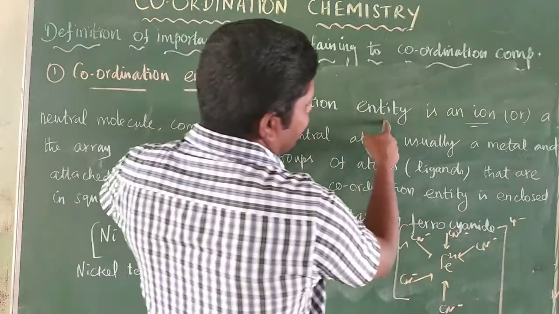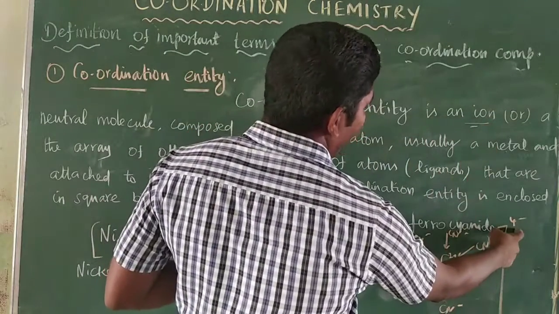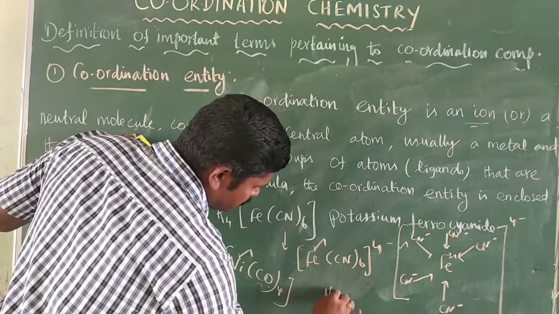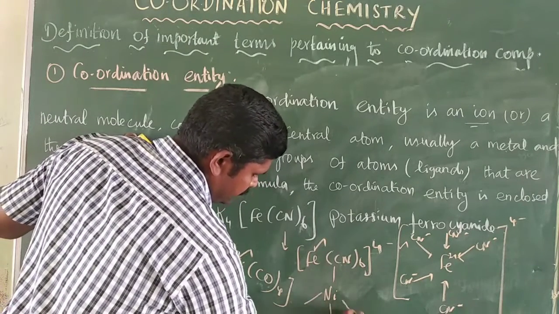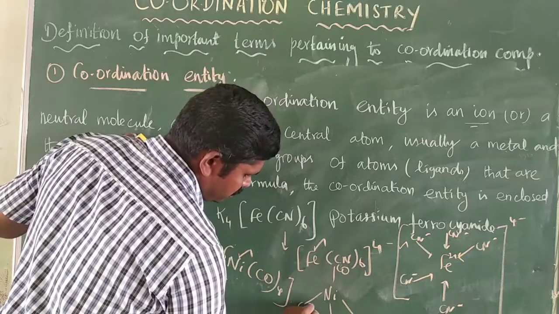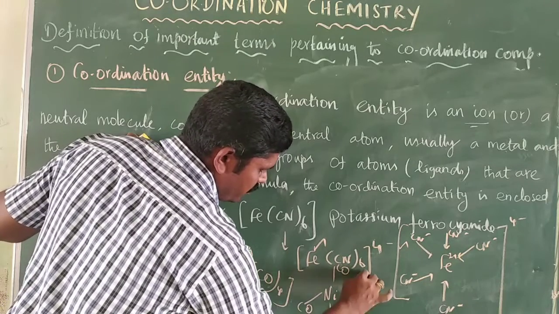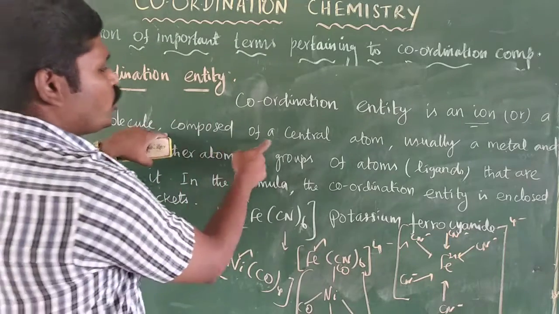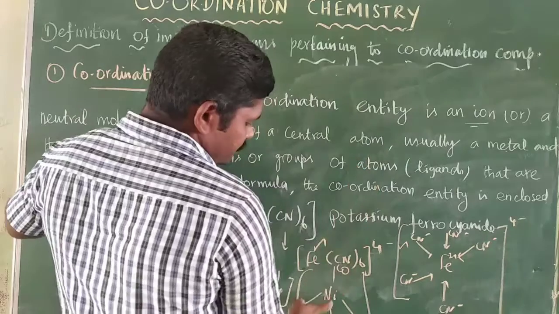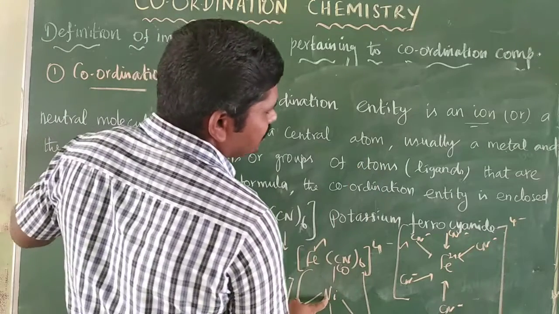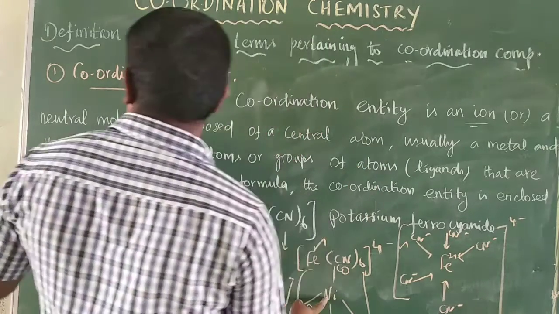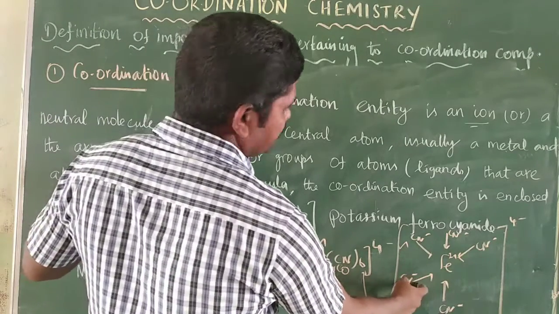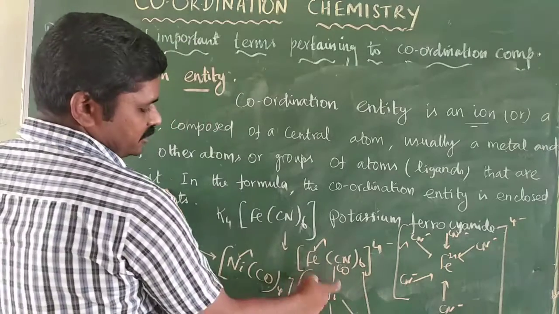So the coordination entity is an ion, right, or a neutral molecule, like Ni(CO)4, the neutral molecule. Right? Composed of a central atom, usually a metal, and an array of other atoms or groups, ligands, that are attached to it.